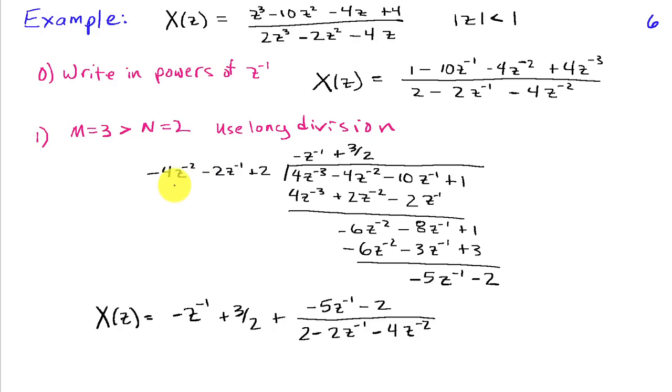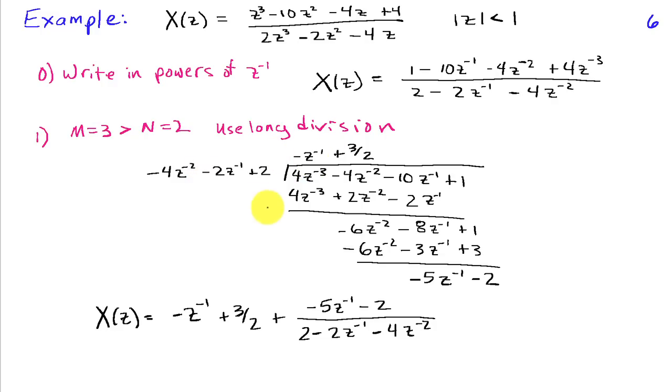So I'm going to divide negative 4z to the minus 2 minus 2z inverse plus 2 into 4z to the minus 3 minus 4z to the minus 2 plus 10z inverse plus 1. So the first term, if I want to cancel out this 4z to the minus 3 term, I can do that by multiplying negative 4z to the minus 2 by negative z inverse.